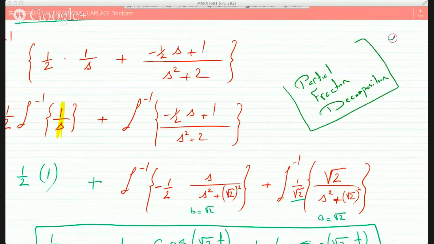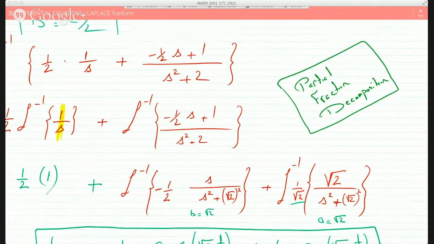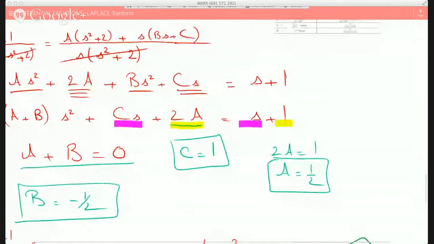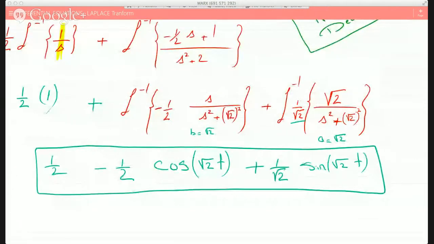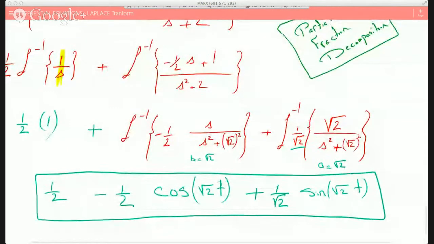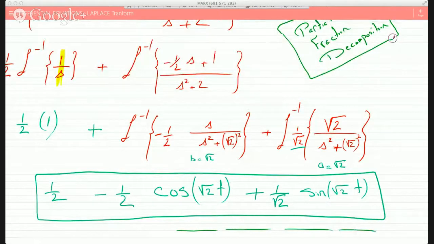So we used partial fraction decomposition to decompose the function so we can put it in a form that we have in the table, so we can find the inverse Laplace transform. Okay, that's how you do this one. Questions on this one, man?